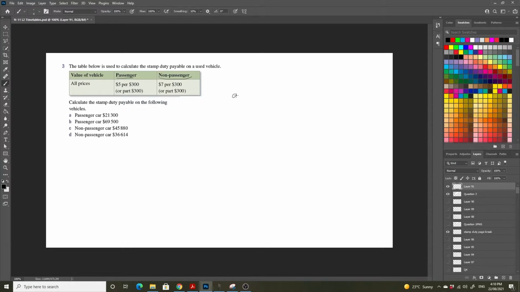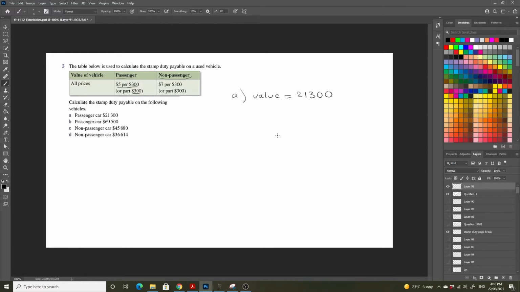Let's look at A. So we have a passenger car worth $21,300. So value equals $21,300. And we have to make sure that this is rounded up to a value that's divisible by $300. So the rate is $5 per 300 or part of $300.